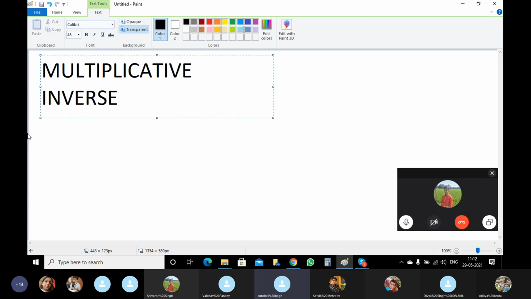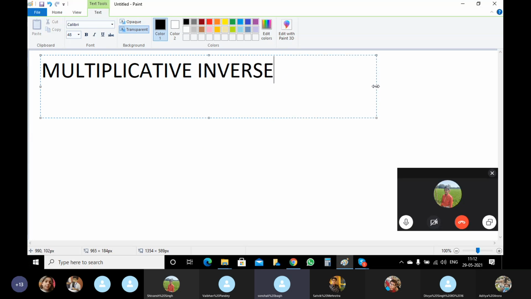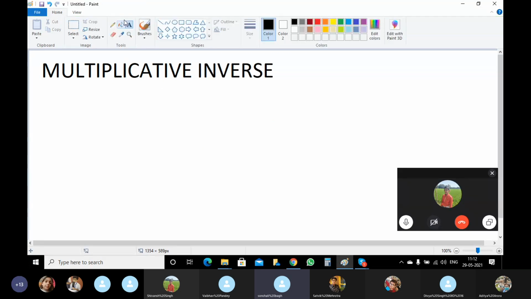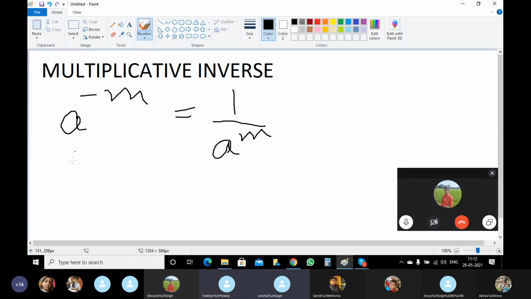See, if a to the power minus n is given, where n is a positive number, then when we take the inverse, it becomes a to the power n. Yes or no? We make the negative sign positive. Yes, ma'am.